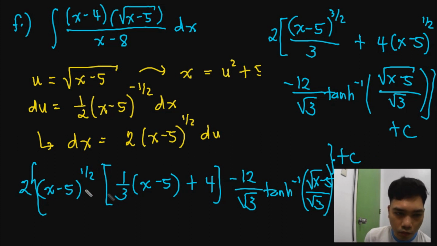Okay, so this can be your final answer, but if you still want to further evaluate this, we can factor out 3 here in this expression. So this can simplify further in terms of 2/3, I think, x minus 5, and then the preceding answers.